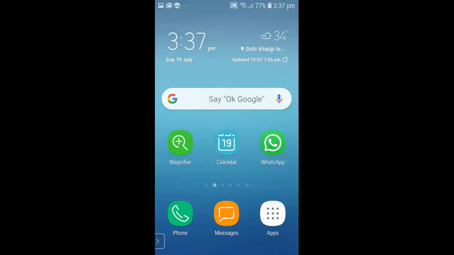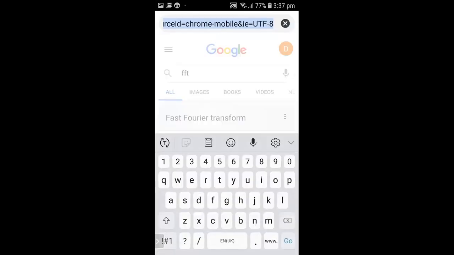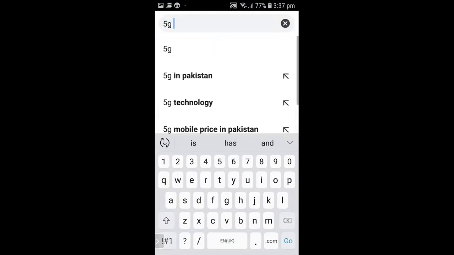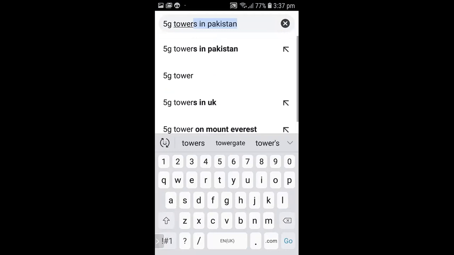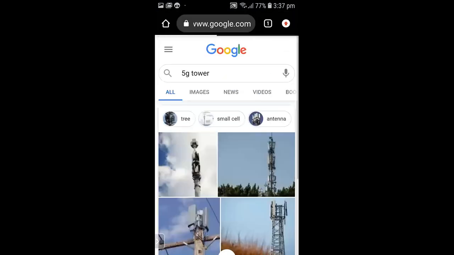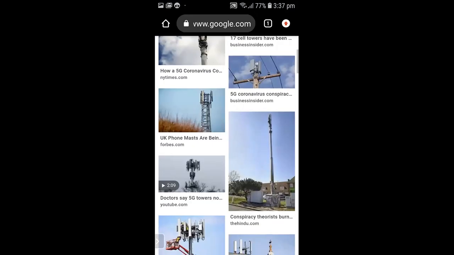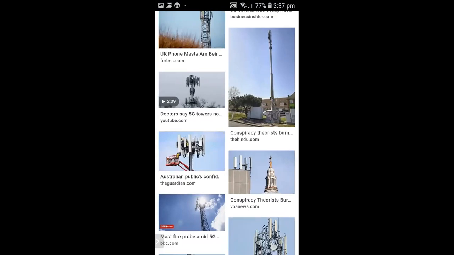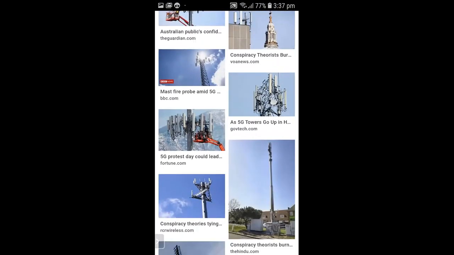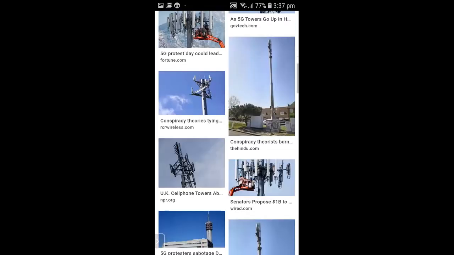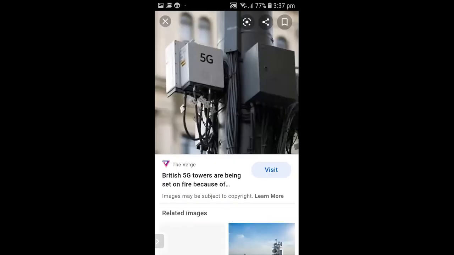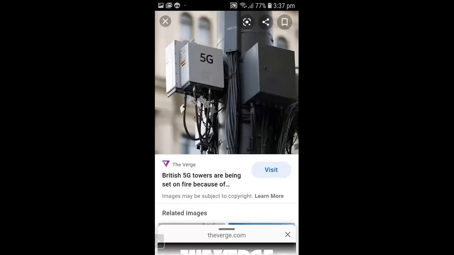So this is the 5G tower, which is much smaller than the traditional antenna towers we have.